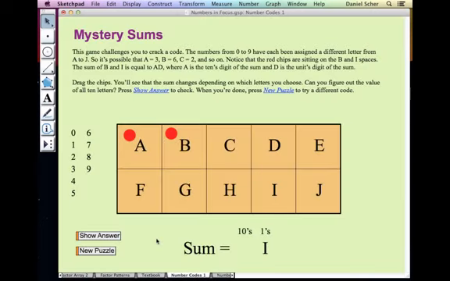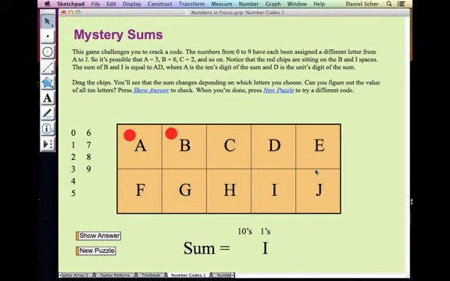So here's the first one, and it's called mystery sums. And each letter from A through J has been assigned a number or a digit. So A might equal 3, B might equal 7, and so on. All 10 digits from 0 to 9 are represented here, but we don't know which letter represents which digit. We do have a few things we can do to help us figure that out.